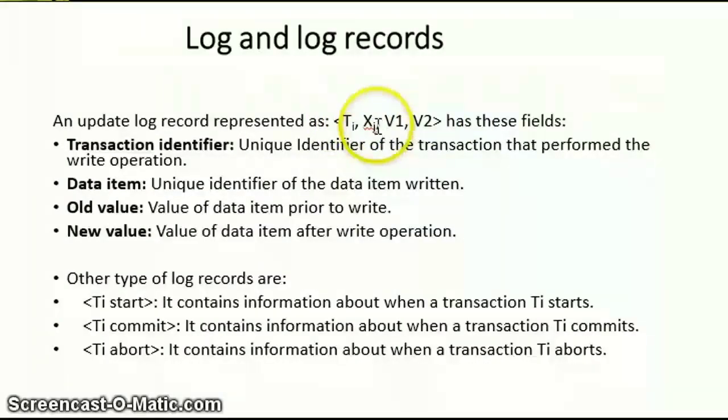X is the data item for which we are creating this log, V1 is the old or initial value of that data item, and V2 is the new value of data item X after the modification.